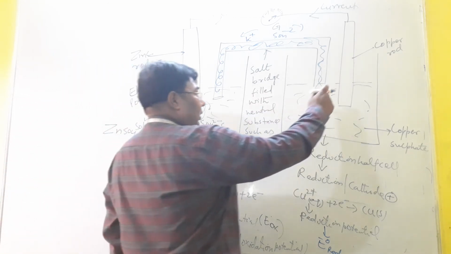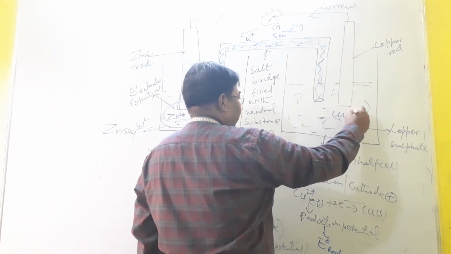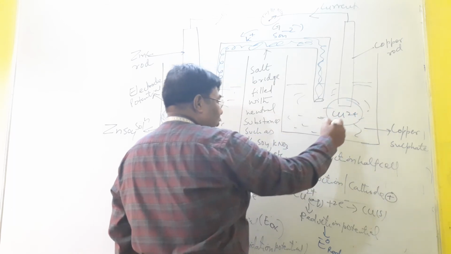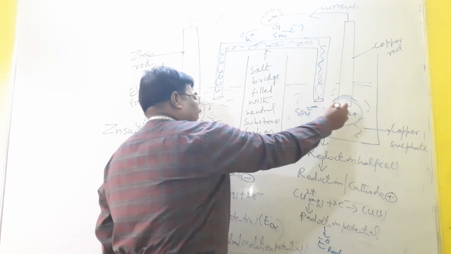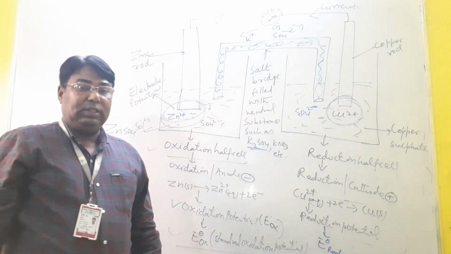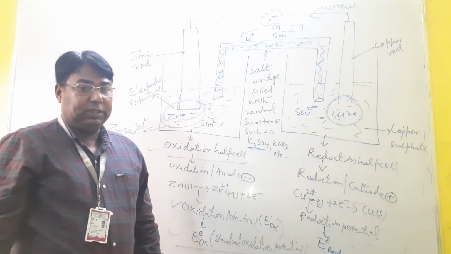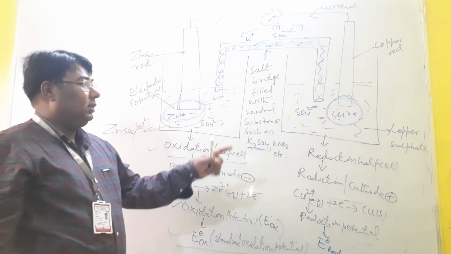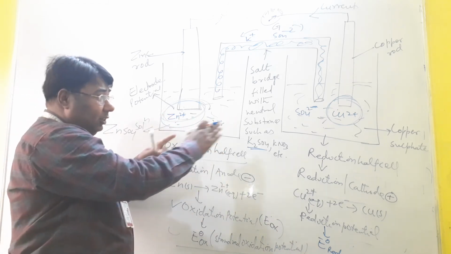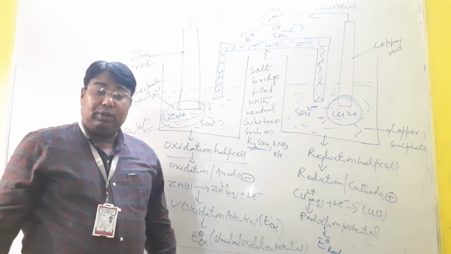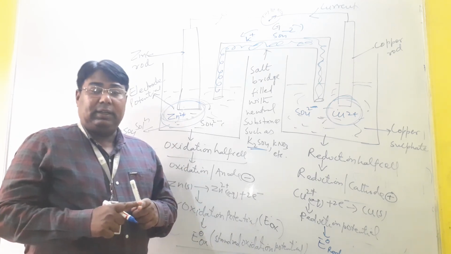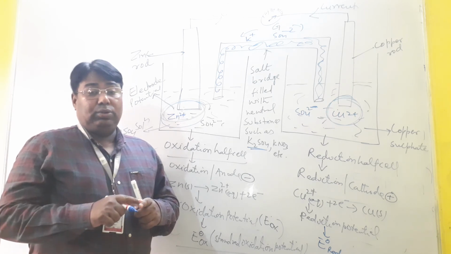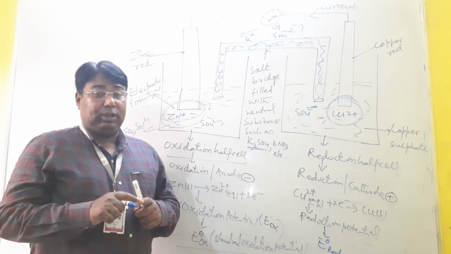Similarly, a potential also develops between the copper rod and Cu plus 2 ions present in the electrolyte. So here reduction potential will take place, and the potential difference between these two is known as cell potential or E cell. And when it is measured under standard conditions, it is known as standard cell potential.